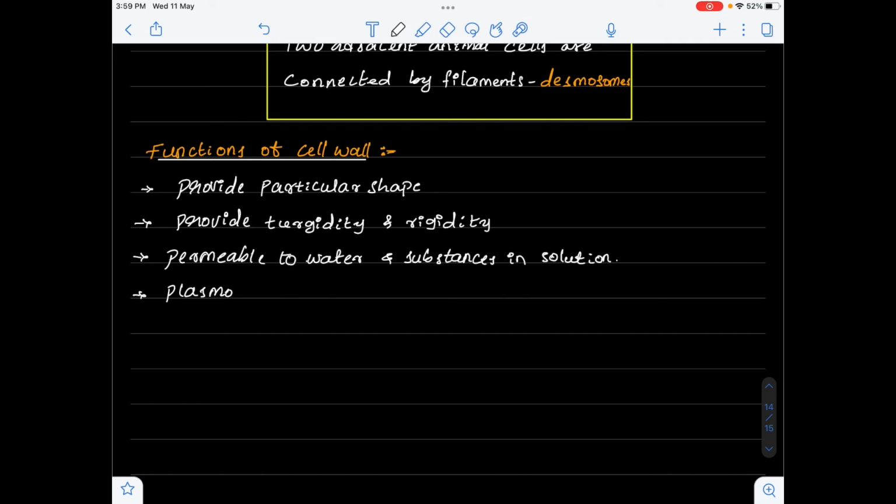And just now we discussed the plasmodesmata present in the cell wall connect the two adjacent plant cells, and also help in the transport of nutrients and stimuli between the two adjacent cells.